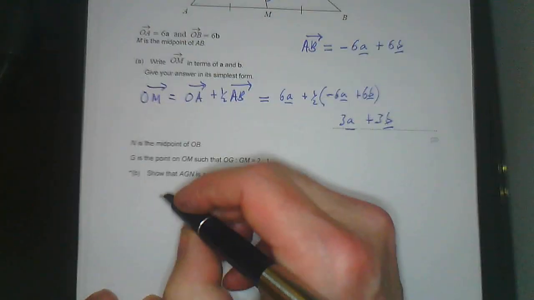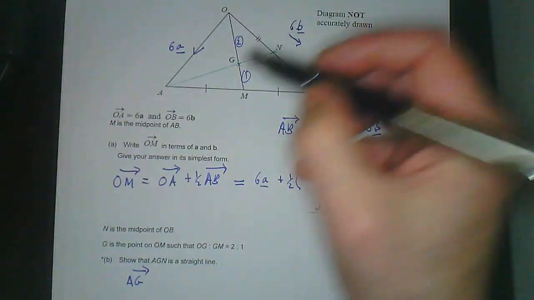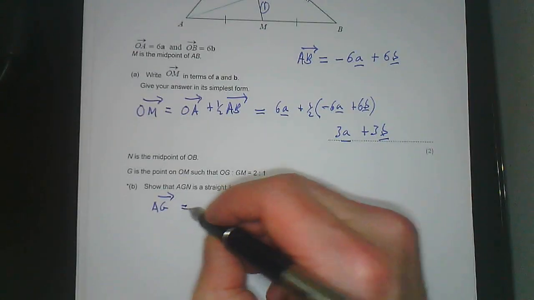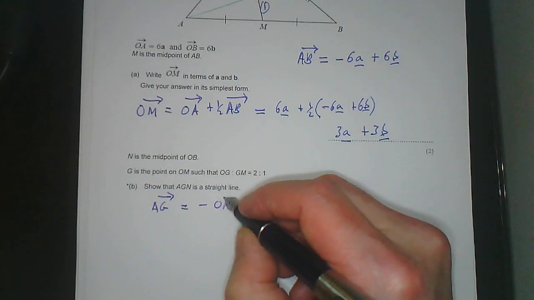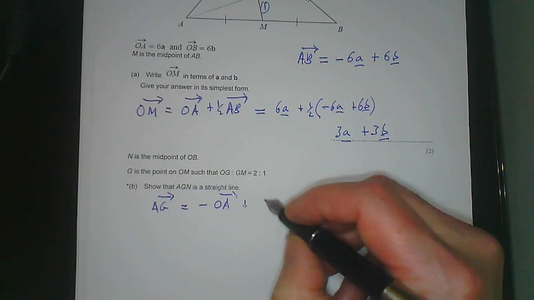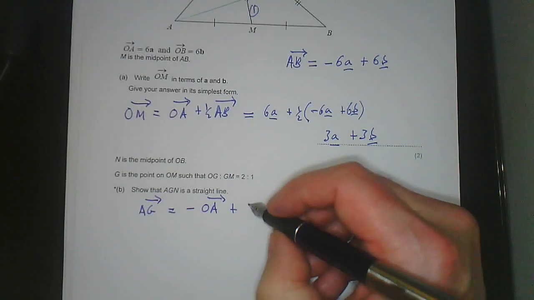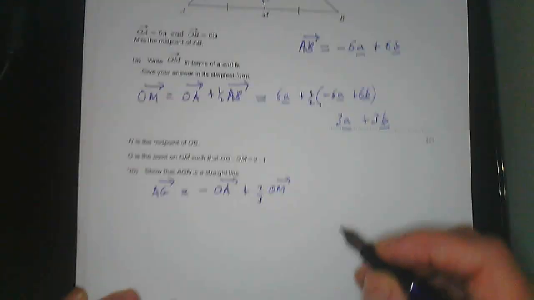So let's have a think about AG first of all. AG is, well, to get from A to G, we go backwards along here and forwards along here. So it equals minus OA plus, it's 2/3 of the way along OM. 2/3 of OM.